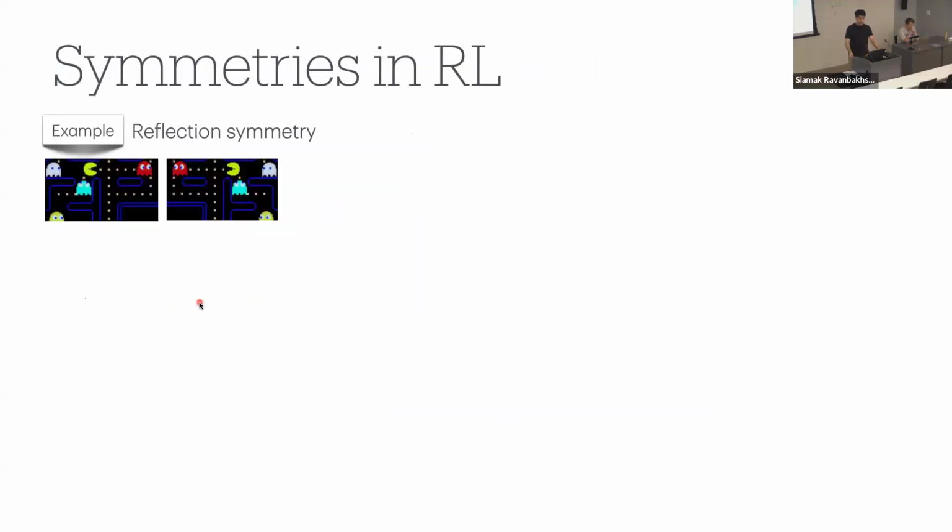There are two types of symmetries in RL. The first one is called symmetric MDPs. To show you this idea through an example, suppose you have this Mr. Pac-Man, and this environment has a reflection symmetry, because if I just reflected everything, you still get the same sort of transitions, actions, and everything is going to be correspondingly reflected.